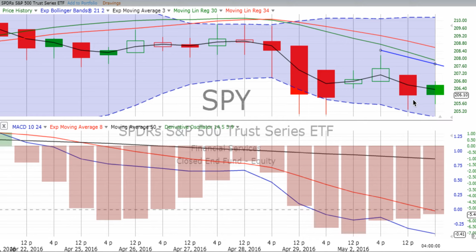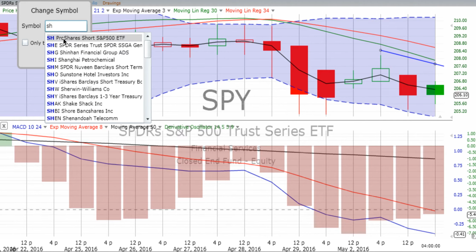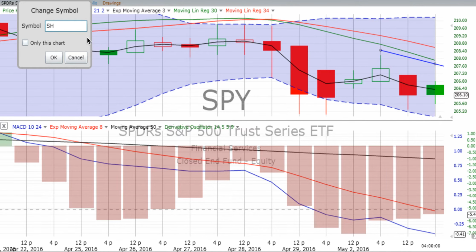You might say, wait a minute, what are you guys talking about at Charting Wealth? Why would anybody want to buy into a down move? Well, you can buy something called SH. What is that? That actually is an exchange-traded fund that moves in the opposite direction, it's a short of the S&P 500.